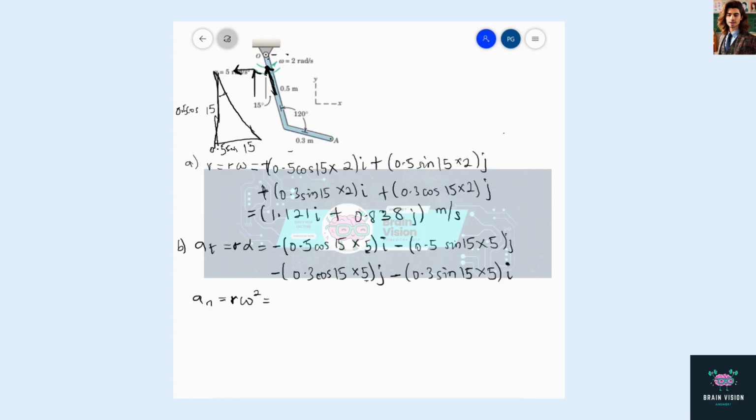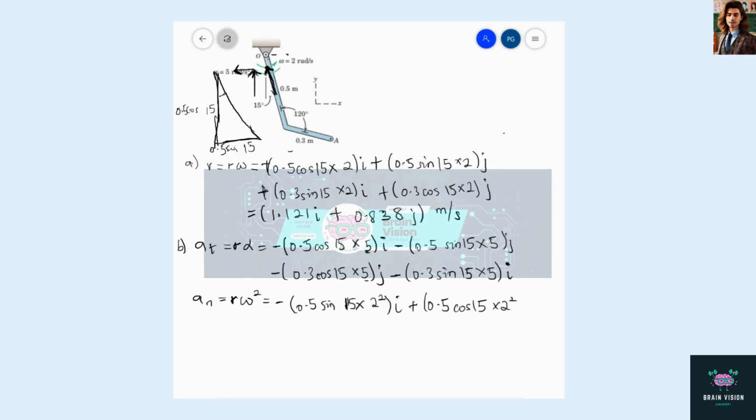So this will be our radius for the horizontal, and that's going to be negative actually, because it's the negative x: minus 0.5 sine 15 times 2 squared i, and for the vertical it is in the positive y direction, so plus 0.5 cos 15 times 2 squared j.